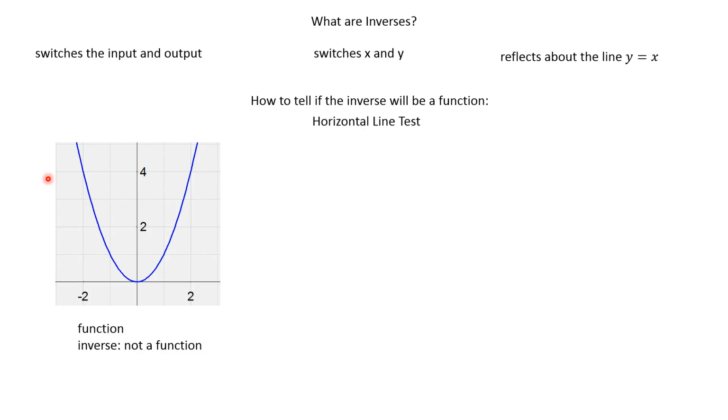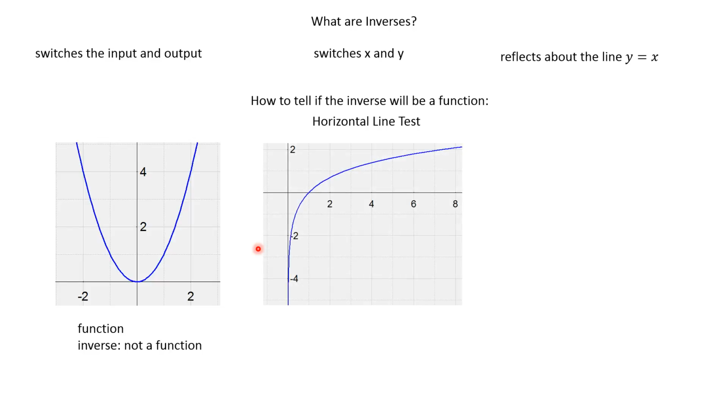If we reflect this over the line y equals x, it would be a sideways parabola, which would not be a function. What happens when we do that reflection is the horizontal lines would become vertical lines, and so that's how it works. It's just we don't have to do it in order to do the test.